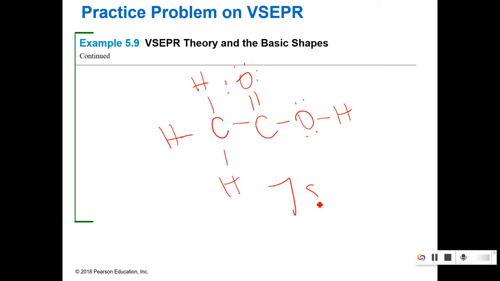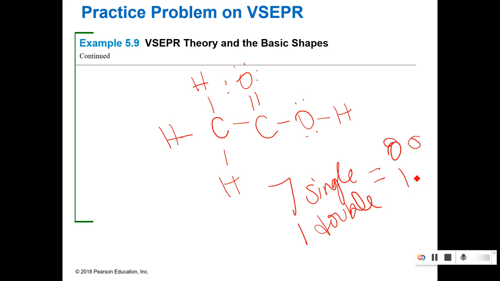So I've got 7 single bonds, 1 double, which equal 8 sigma and 1 pi. So the way this works is sigma, sigma, sigma, sigma, sigma, sigma. So one of these is sigma and one of these is pi.